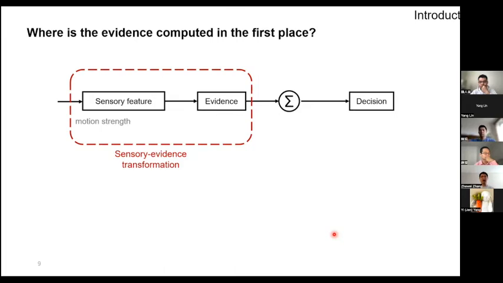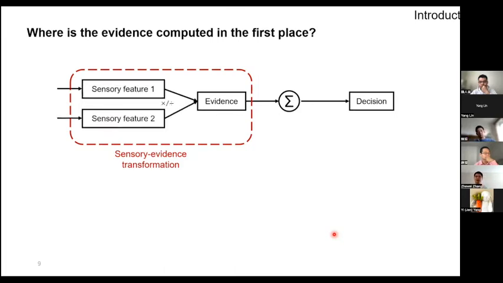But when the evidence is a nonlinear interaction between multiple sensory features, the evaluation of the evidence is non-trivial. It will be much easier to detect the sensory signals, maybe intermediate variables, and evidence at the same time.